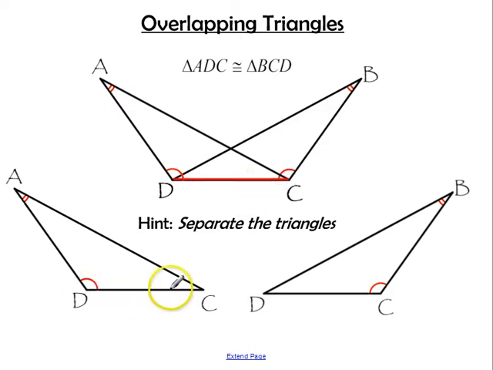We have segment DC right here and then segment DC right here. And we've been using the reflexive property to say that any segment is congruent to itself. So when we mark that DC is congruent to DC in the overlapping triangles, now by angle side we can say that triangle ADC is congruent to triangle BCD.